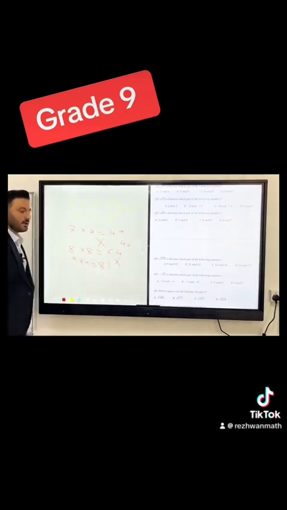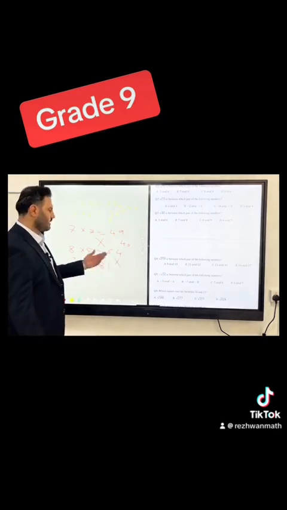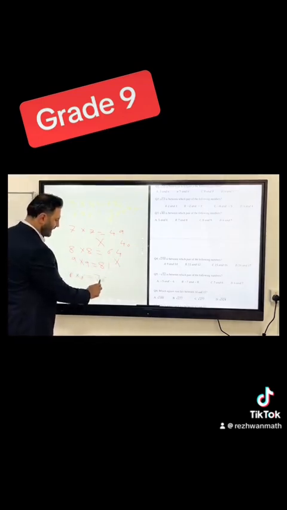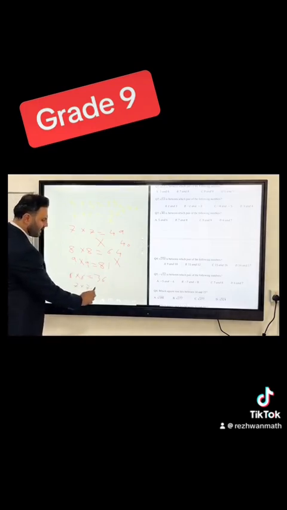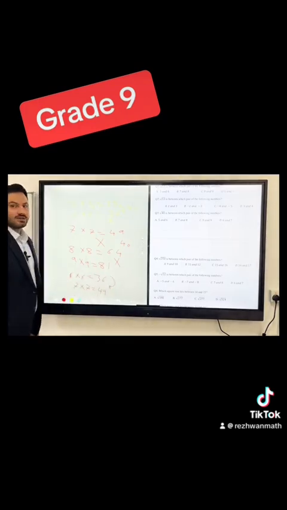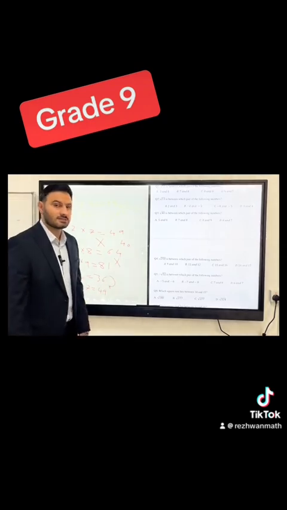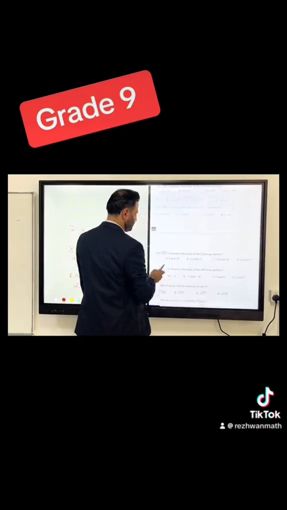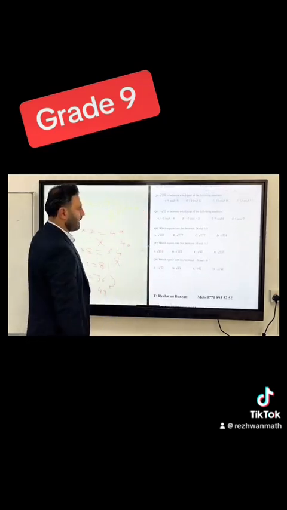It's not correct because 40 is less than both of them. Now, D: 6 times 6 we get 36, and 7 times 7 we get 49, and 40 is between 36 and 49. Yes, so the correct answer is D.